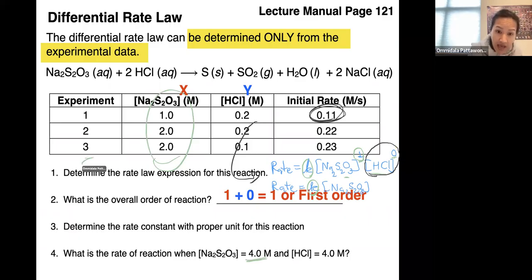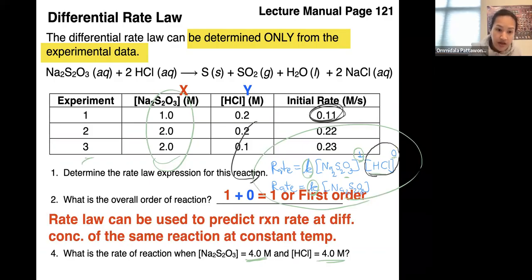In this case, instead of running the experiment again, you don't have to. You can use this equation right here to calculate the rate at a different condition. That's the beauty of this. The rate law can be used to predict the reaction rate at different concentrations of the same reaction at constant temperature.